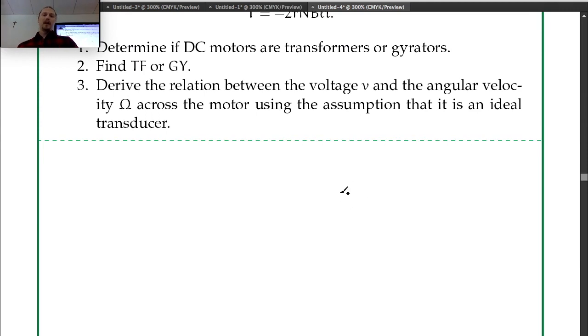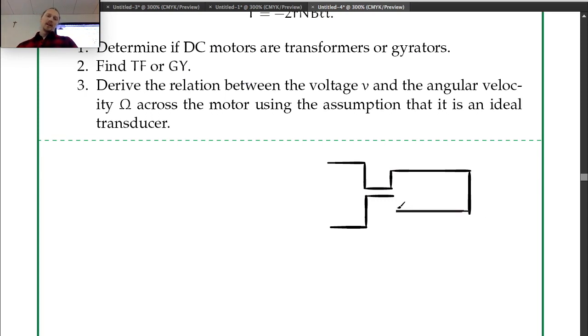A DC motor has a circuit that's connected to it, and the wire leads come in, and they are wound in a coil, which I'm going to just draw rectangularly because otherwise it's hard to follow.